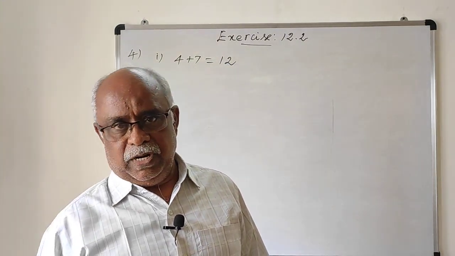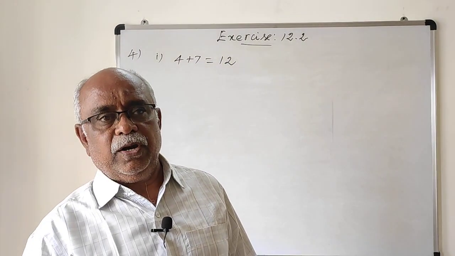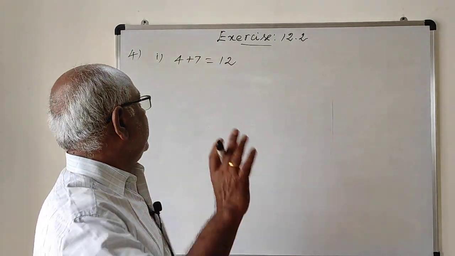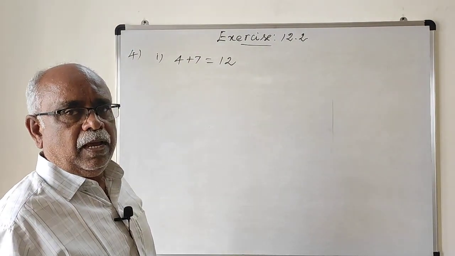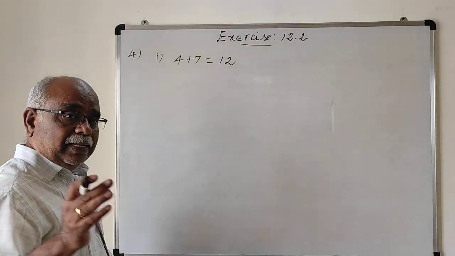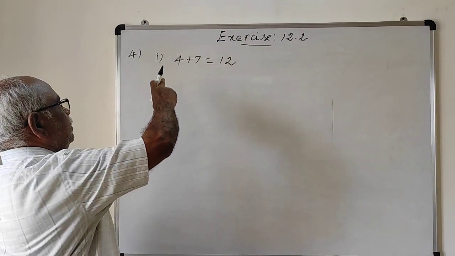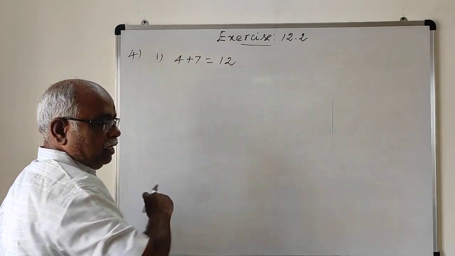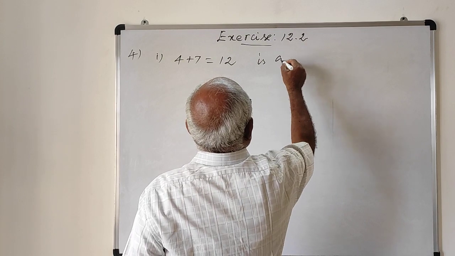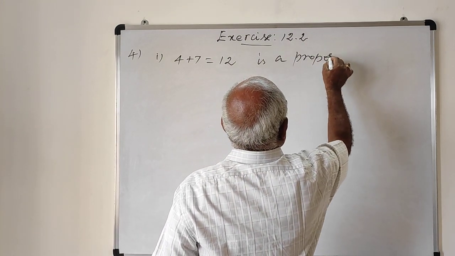Any declarative sentence is called a statement, or otherwise a proposition. 4 plus 7 is 12 is false. Even though it is false, it is a proposition.